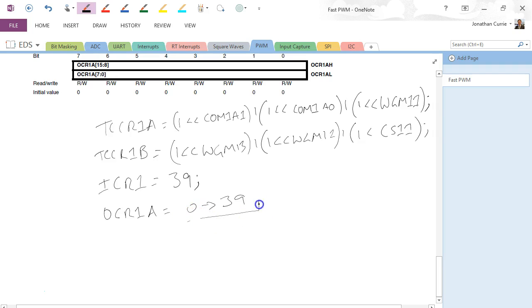So the resolution that we have in this particular example is actually very low, which may not suit our application, but it might be good enough. So we have 40 discrete steps for our duty cycle at the particular frequency, and of course DDRB equal to whatever it is to make our OCnA pin an output.